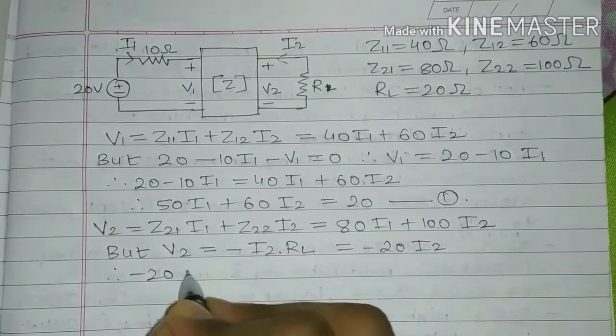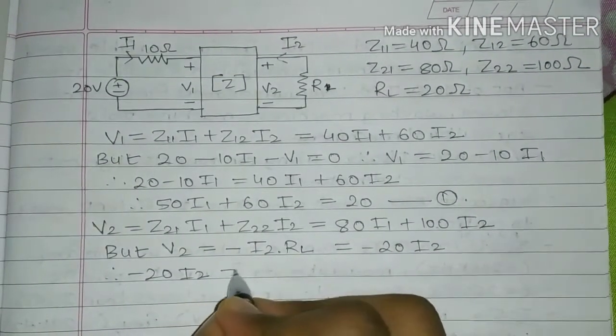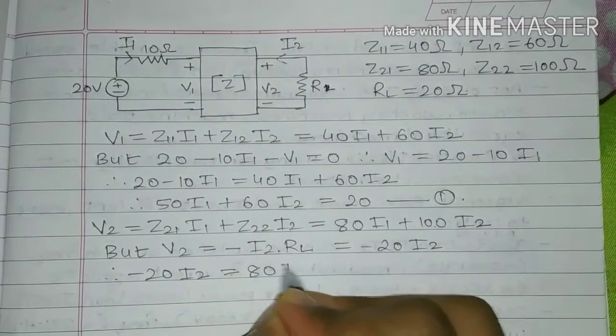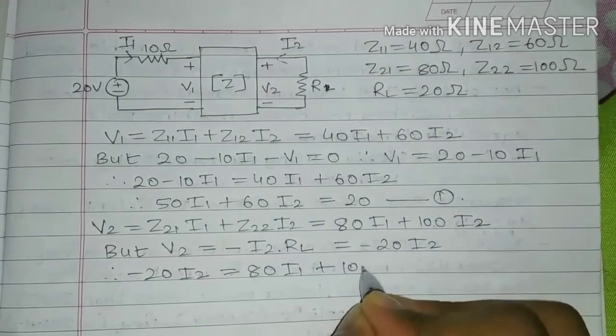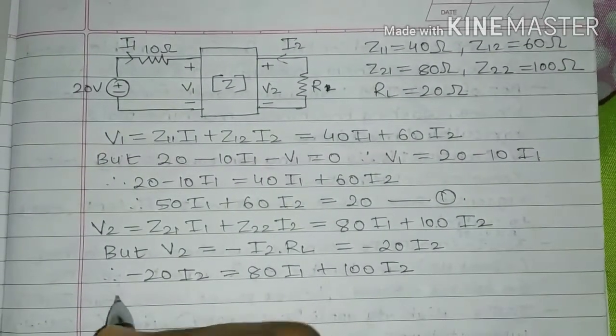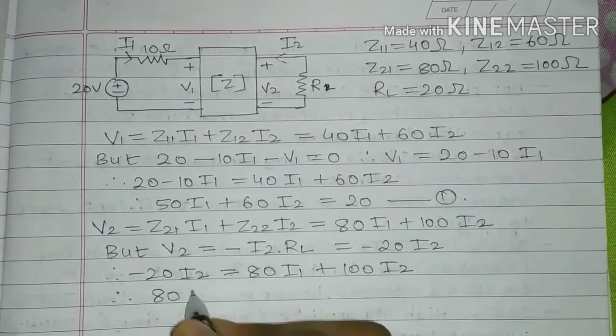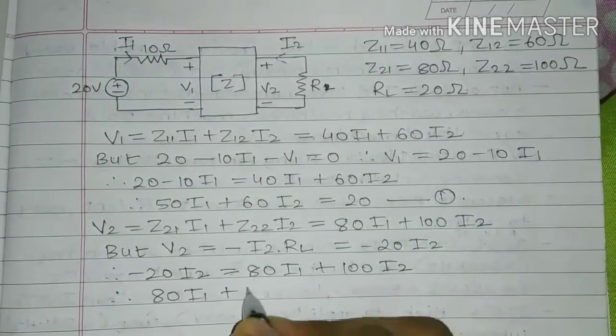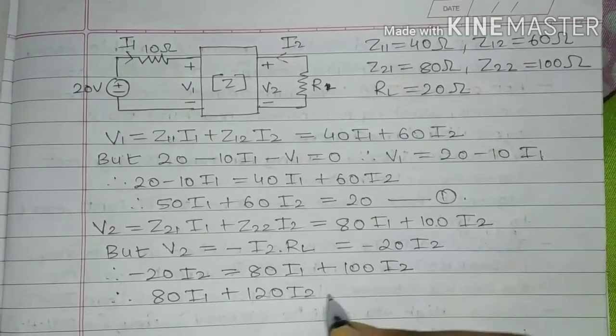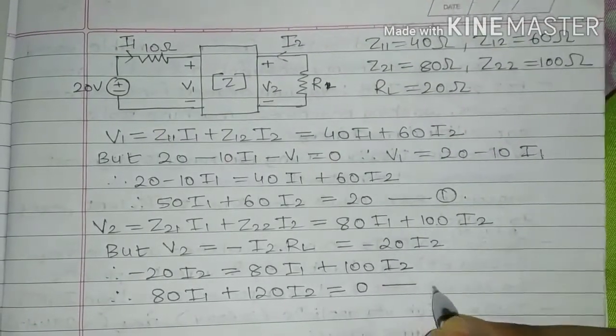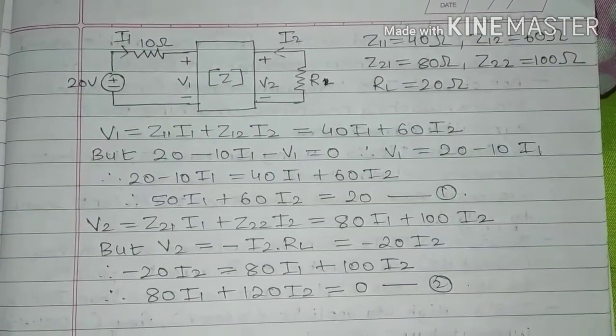Therefore minus 20 I2 is equal to 80 I1 plus 100 I2. Hence 80 I1 plus 120 I2 is equal to 0. Let's name this as equation 2.